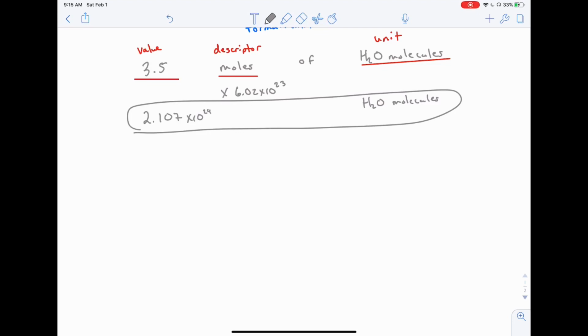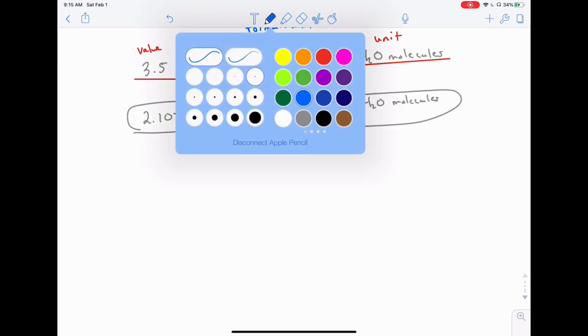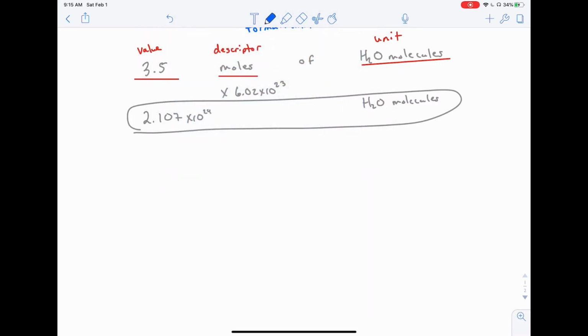Okay, now, really pay attention to what the question's asking, because sometimes the IB will ask, given 3.5 moles of H2O molecules, how many moles of hydrogen atoms are present? Okay, so within 3.5 moles of water, they're asking how many hydrogen atoms are present.